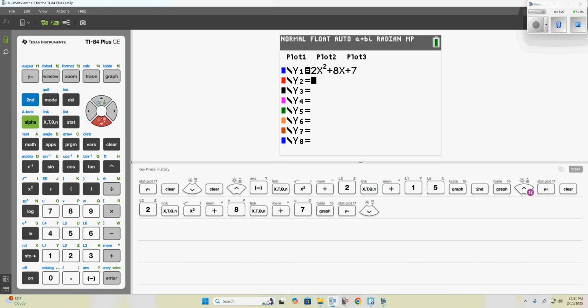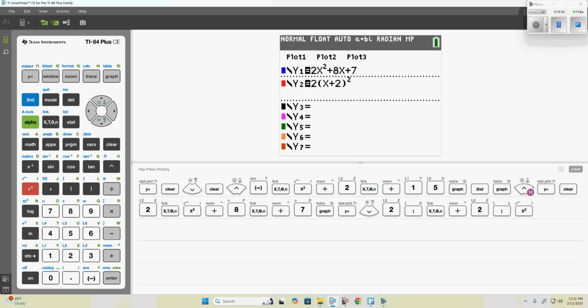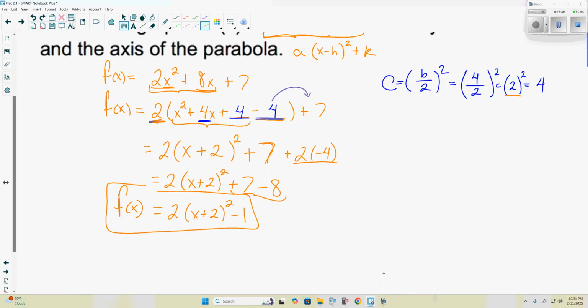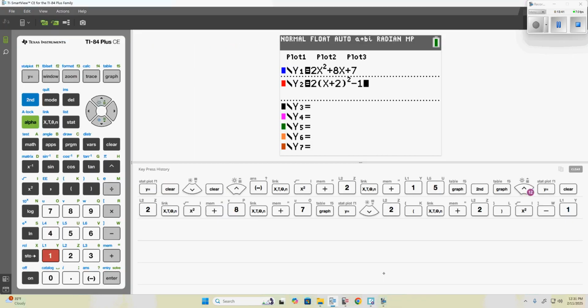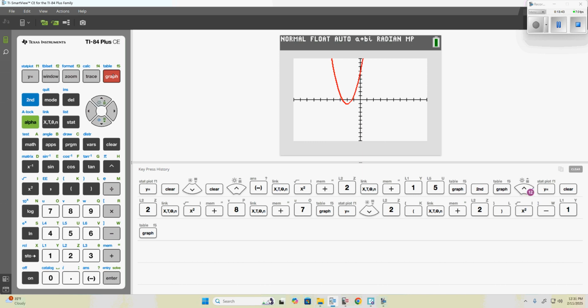Y equals, well, we found in vertex form 2 times x plus 2 squared minus 1. Okay, let's tell it to graph it. Well, we see that those two graphs overlap. They cover each other up.